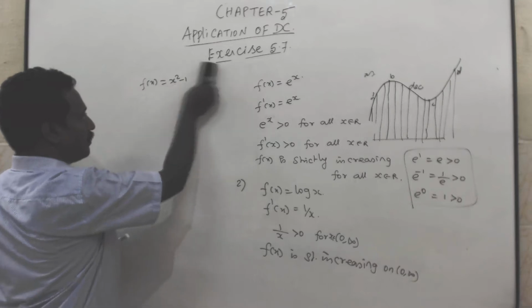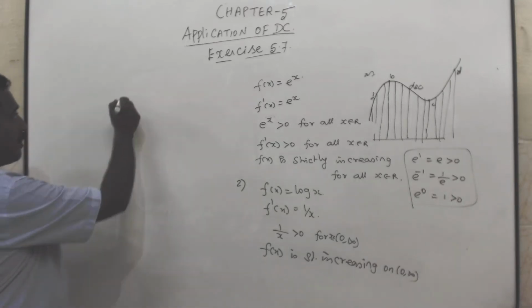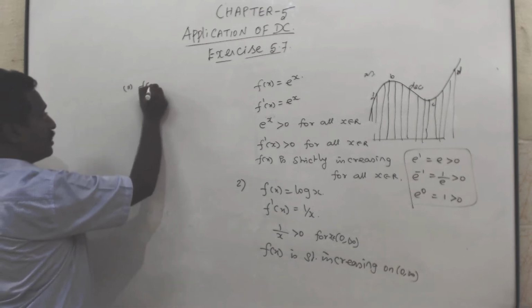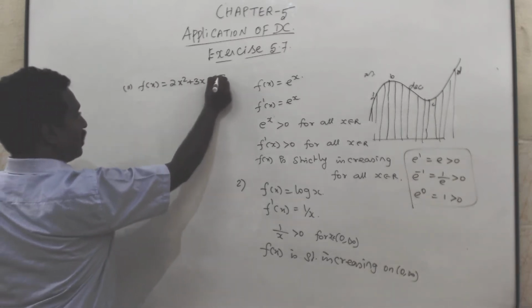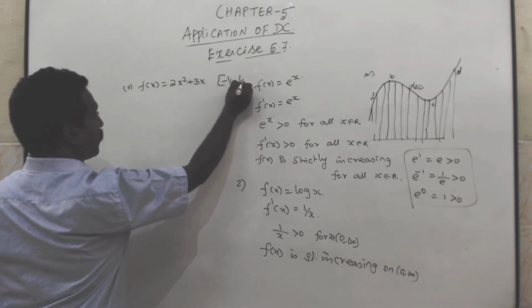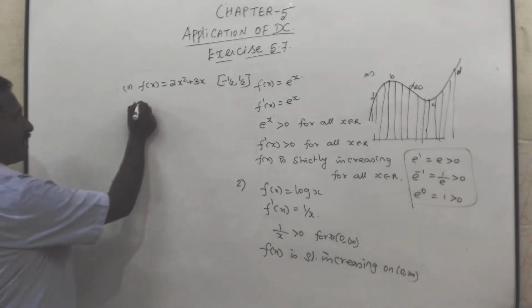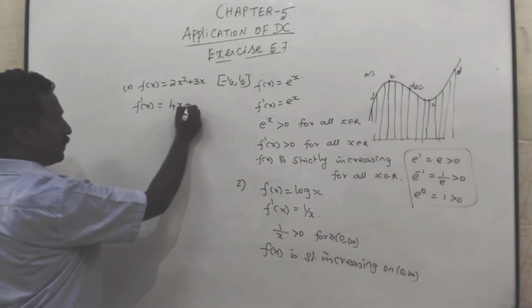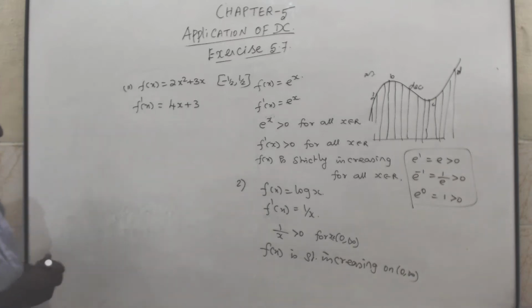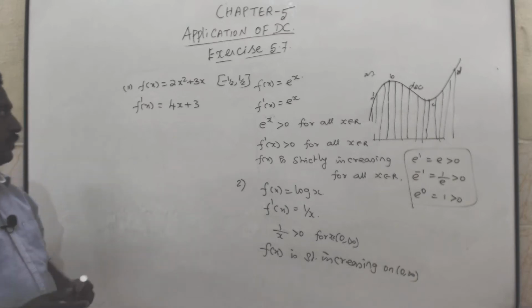What is the next problem? Problem number 2: f of x is 2x square plus 3x in the interval minus half, plus half. Therefore, f dash of x is 4x plus 3. When we substitute x equal to minus half, the answer is 1, positive.